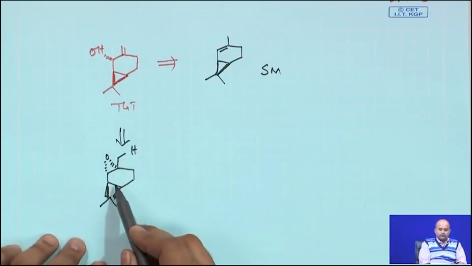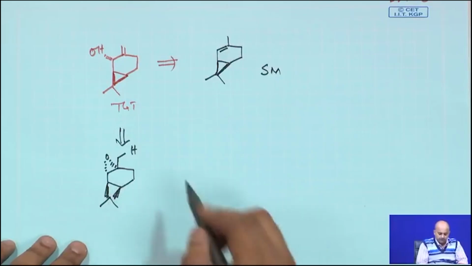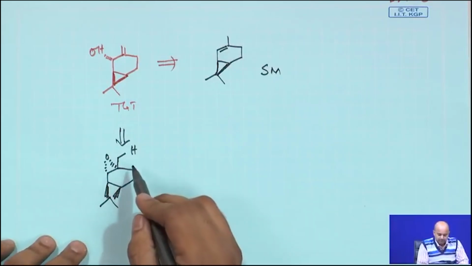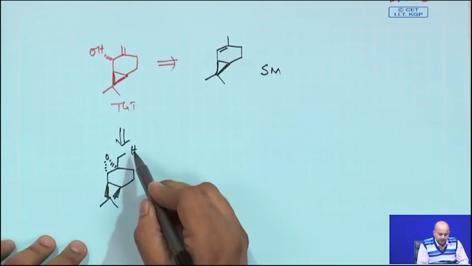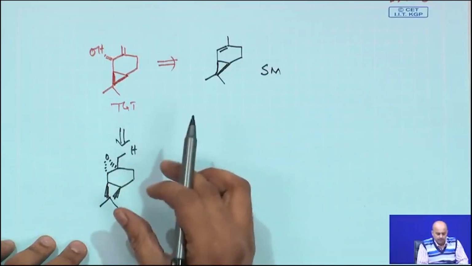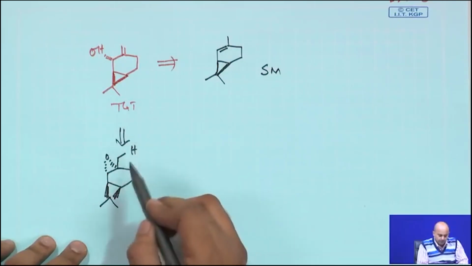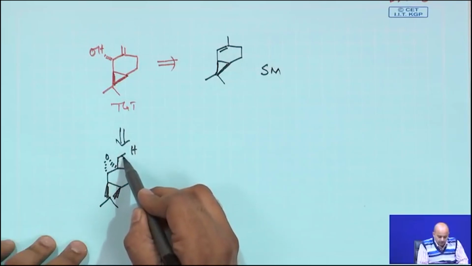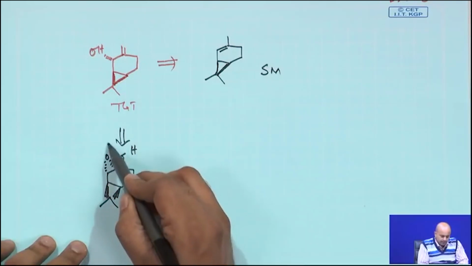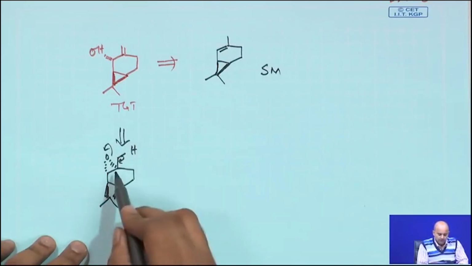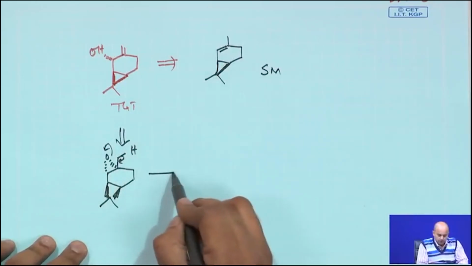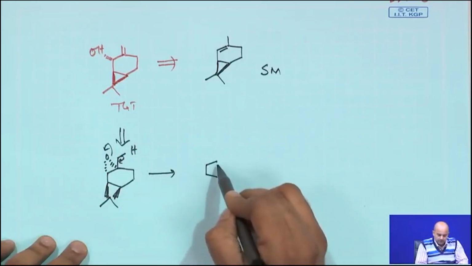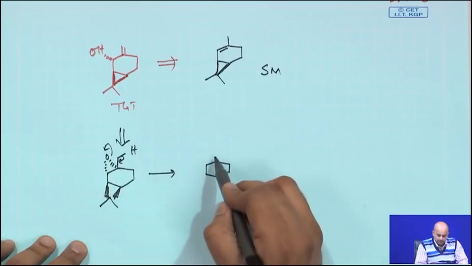if you have this epoxide, now probably if somehow you can abstract this methyl hydrogen by some means, is it possible to do a little rearrangement so that the epoxide opens up to give you this target molecule?